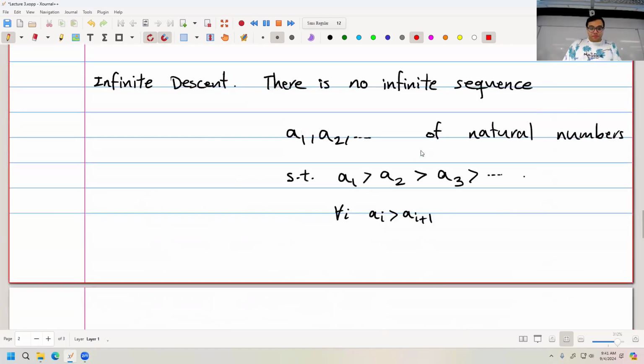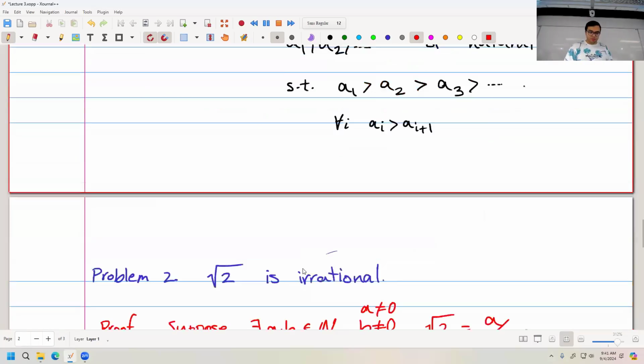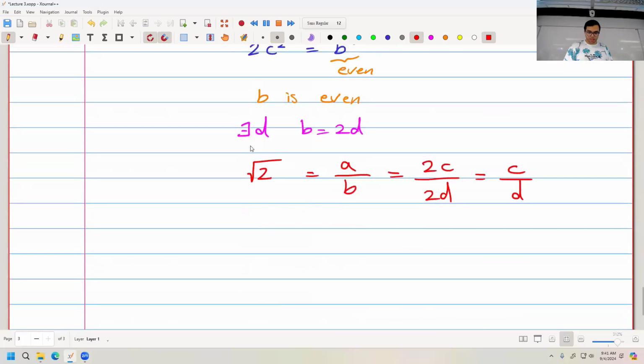Okay. Now, let's try to prove the same thing using the well-ordering principle. So remember, the well-ordering principle says that every non-empty subset of natural numbers has the smallest element. Okay. How would I prove the same thing using this principle?